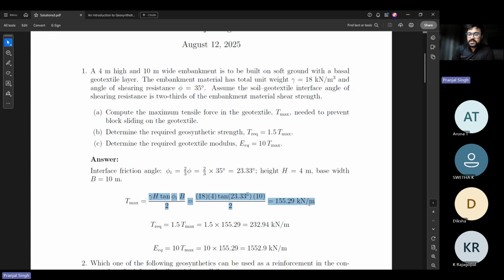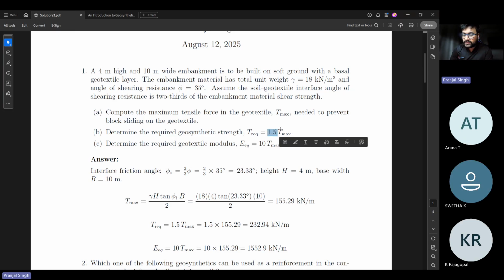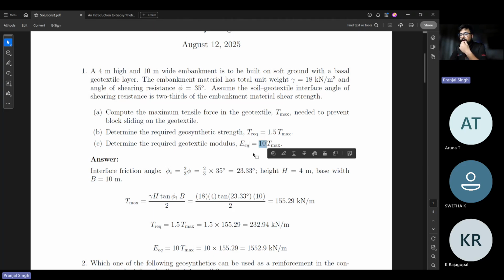The equation is this, and you'll get the answer. In the second part, you multiply by a factor of 1.5, which is the factor of safety. And in the third part, there is a value of required geotextile modulus, and you multiply it by 10.